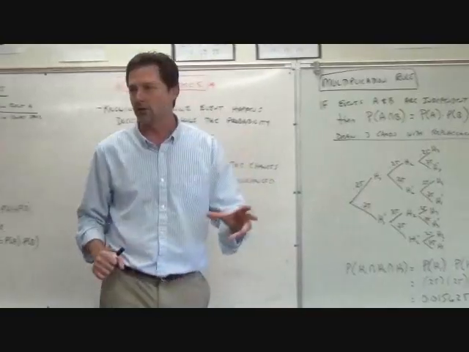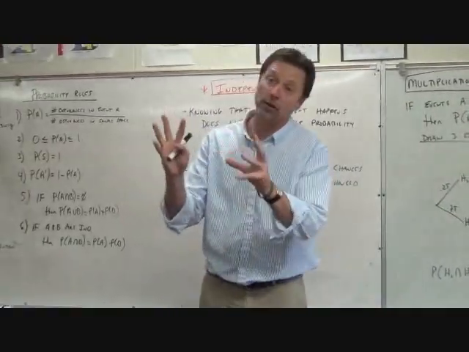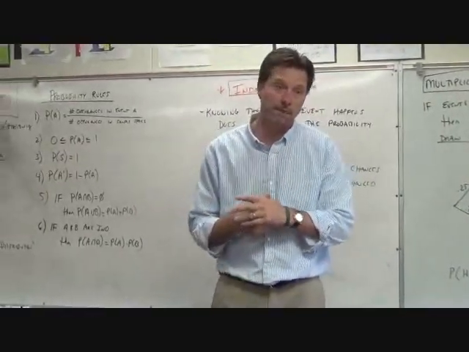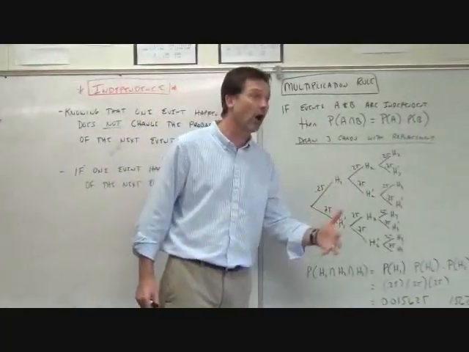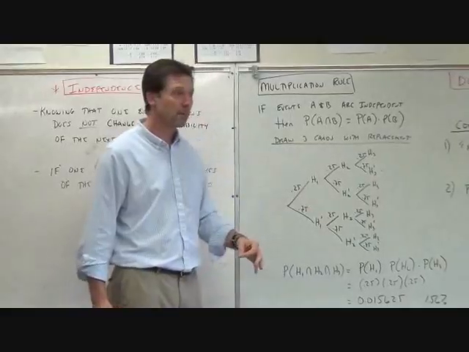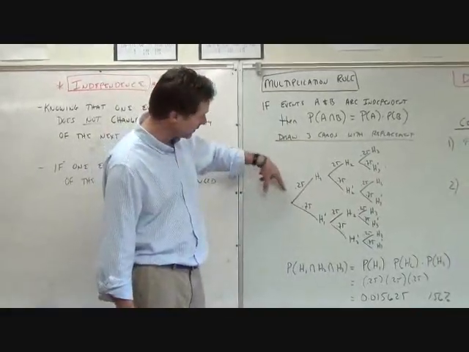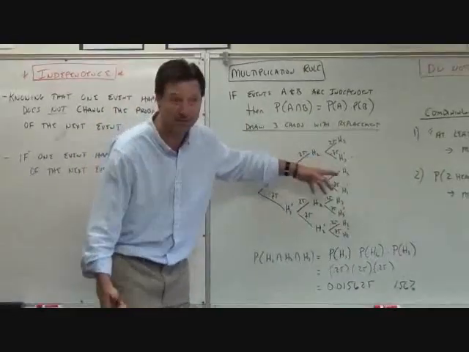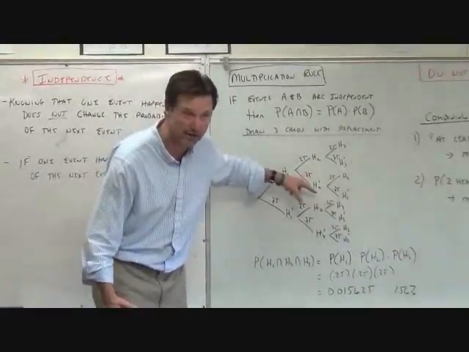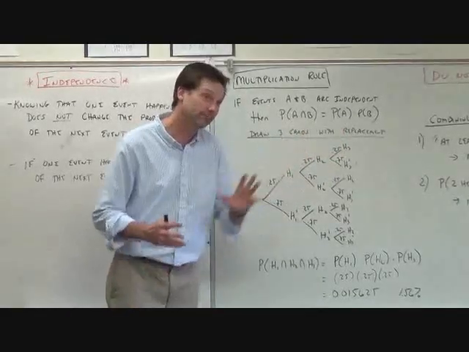Quite often, this multiplication rule can really be simplified, or you can look at it better by drawing the tree. So what I've got here is a tree of drawing 3 cards with replacement. Does everybody kind of follow this? The first card could have been a heart, then not a heart, would be 75%, and 75% chance of not getting a heart, and then a heart on the last one.